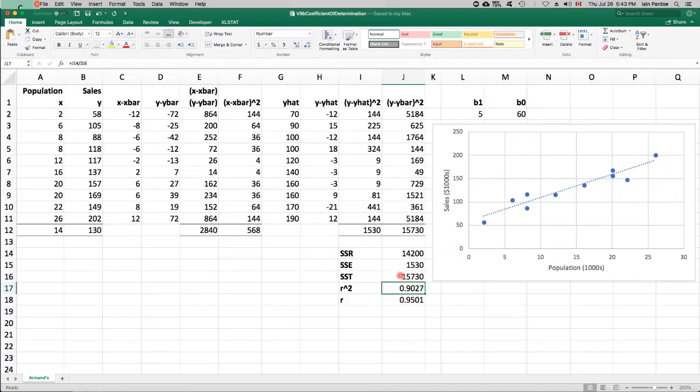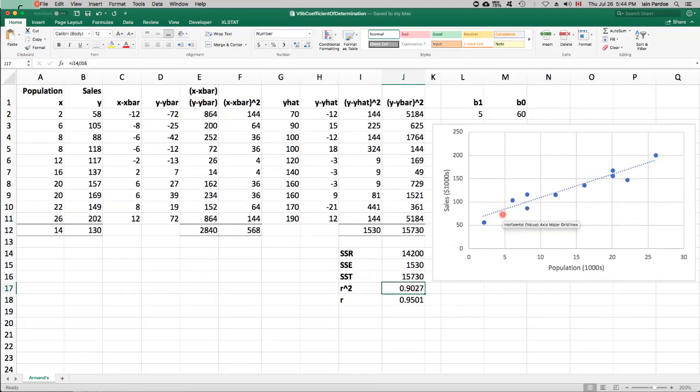Because either way, I'm measuring the distance to y bar and then squaring and adding up. And in that case, the sum of squares due to regression would be 0 and r squared would be 0. So that's another extreme. R squared is 0 when there's no linear relationship whatsoever. So R squared 0, no linear relationship.